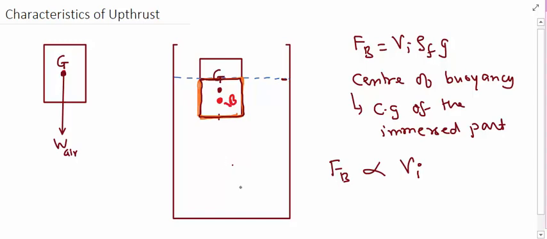Similarly, upthrust is directly proportional to the density of the fluid. So if you take a denser fluid, upthrust on a given object will increase. Thus we have studied three properties of upthrust. One, it acts through the center of buoyancy. Secondly, it depends upon immersed volume; it is directly proportional to that. And third, it is directly proportional to the density of the fluid.